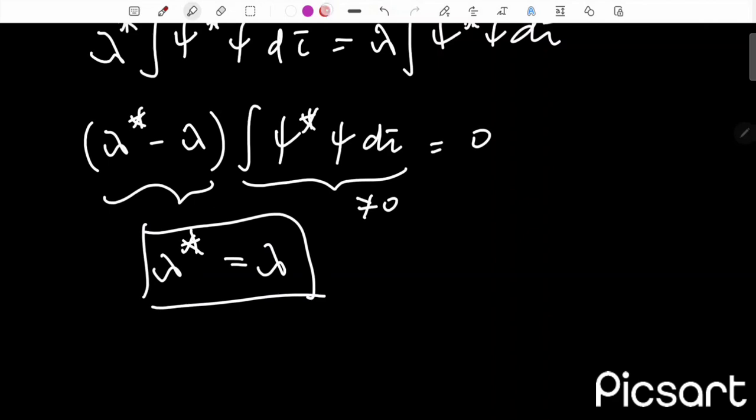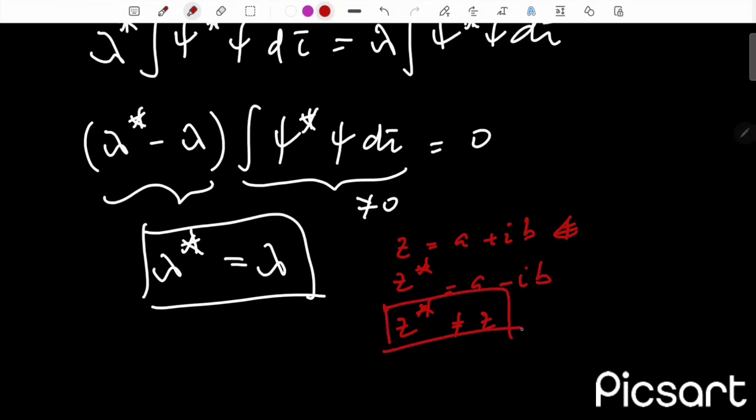Okay, we have this as the solution, but for now we can remember here that if you have z written as a plus i times b, then the complex conjugate of z will be equal to a minus i times b, which means that if z is a complex number, then z star will be every time different from z.